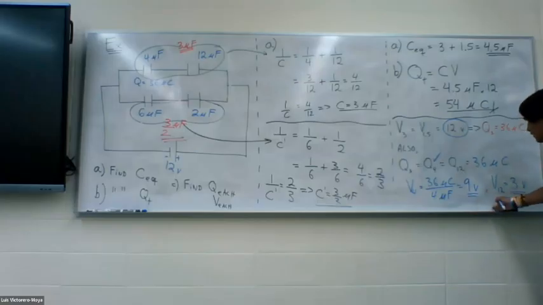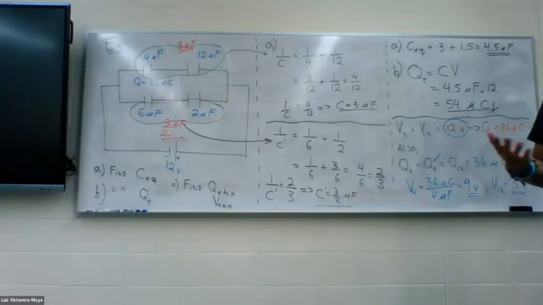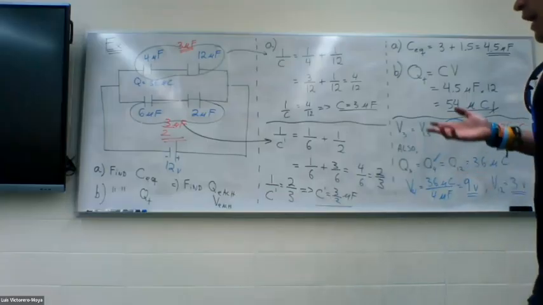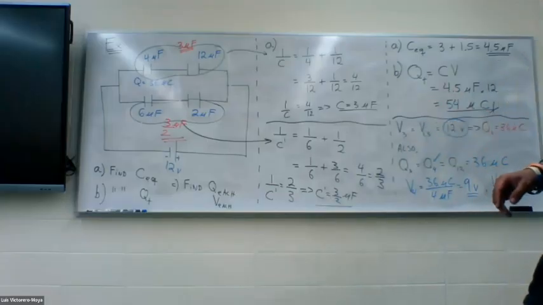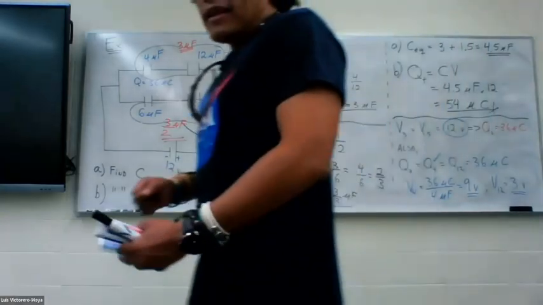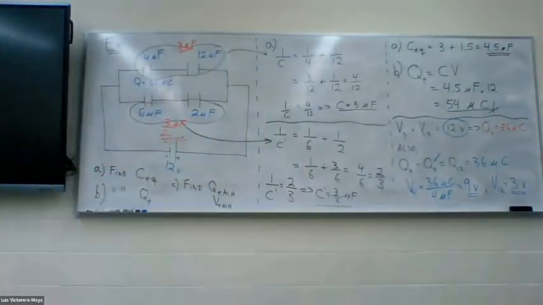And there you are. I split the charge and I split the voltage, sort of at the same time. You have to use both to make sense of that question, right? Are there any questions? I want to do 6 and 2 now, but I want to make sure that that's clear.